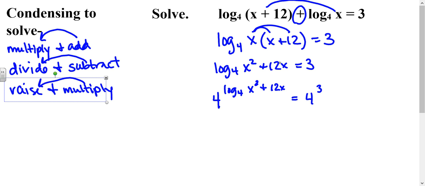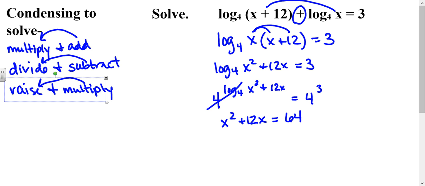So everything that was existing became an exponent, and I used base 4 on both sides. So log base 4 and 4 cancel each other out. And then I have x squared plus 12x equals 4 to the third power, which is 64. Now when I'm solving this type of equation, I need to figure out how to get x by itself. But if I subtract these over, I'm just moving things around.